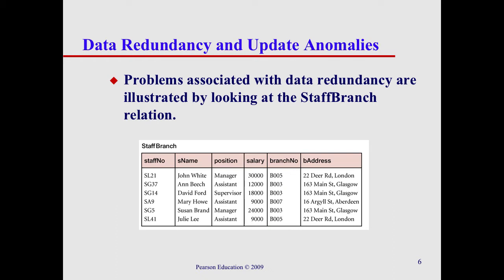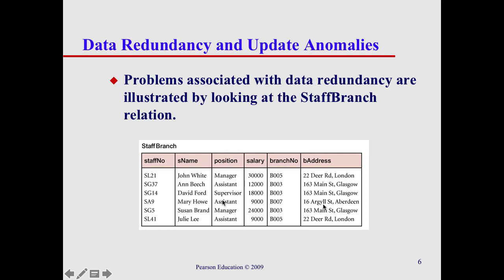And you get the same issue in reverse, just like you have insert anomalies, you get what are called delete anomalies. So notice here, the only tuple for B007 is Mary Howe. If I delete Mary Howe from this directory, I lose the information that branch B7 is at 16 Argyle Street in Aberdeen.